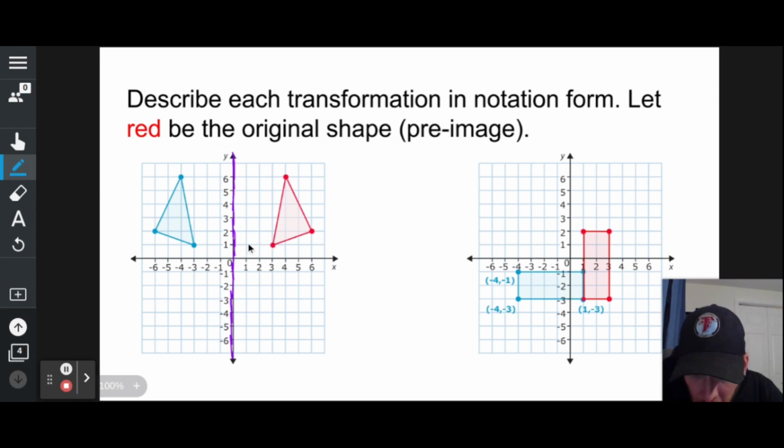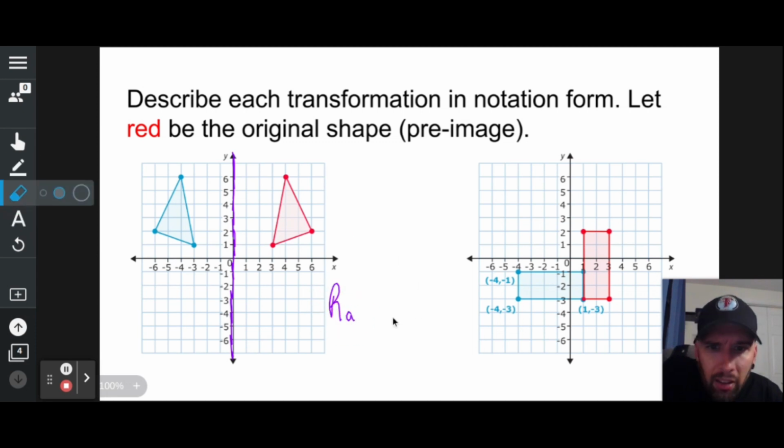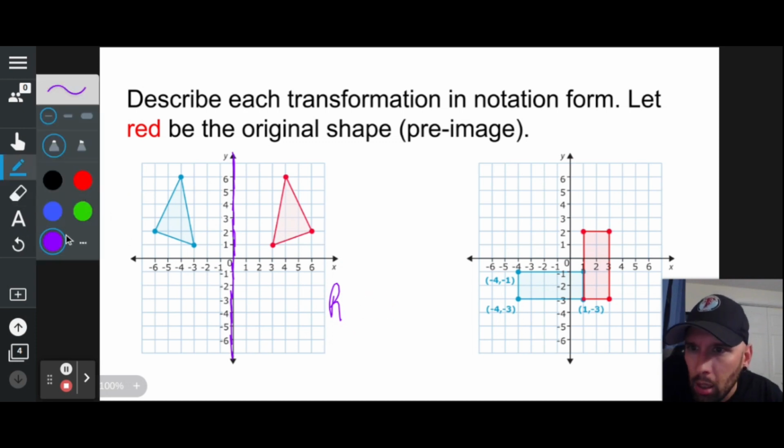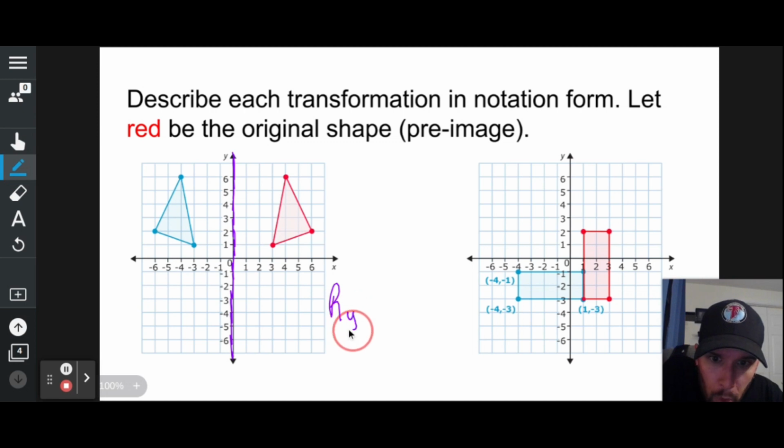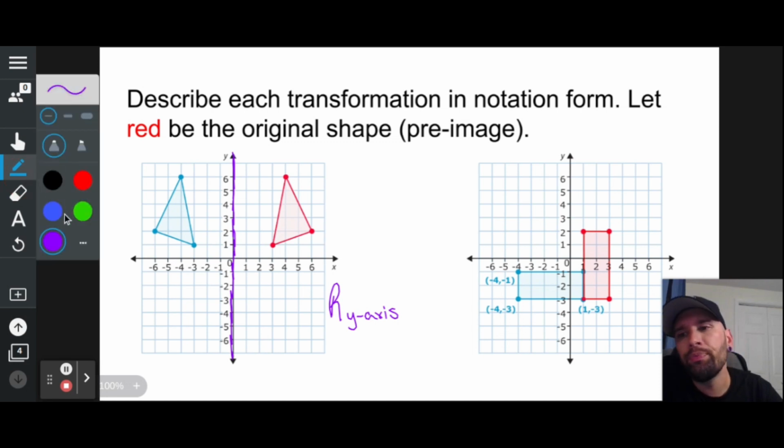Because this is 1, 2, 3 dots away, and this is 1, 2, 3 dots away, which means the y-axis is my mirror. So I would write this out as capital R. What did I say? Y-axis. I almost put just axis there. But this is R, Y-axis. Reflection over the y-axis.